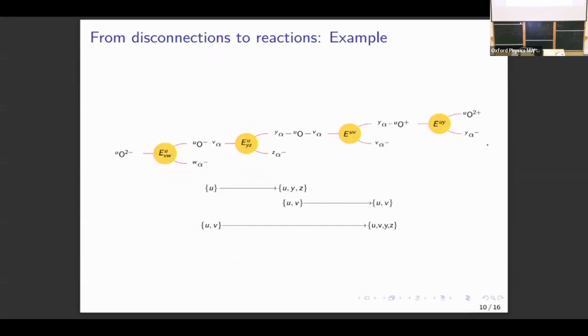So we start with something that has 2 negative charges, apply 2 times the electron disconnection rule for strictly negative charge to obtain the oxygen radical with two unpaired electrons, and then we have two free electrons floating around. I keep saying free electrons here, but I mean unpaired electrons. Then we can still keep applying electron disconnection rules until oxygen has charge +2, and now we have 4 negative electrons floating around. And these are the corresponding translations from the disconnection rules to the category of reactions.